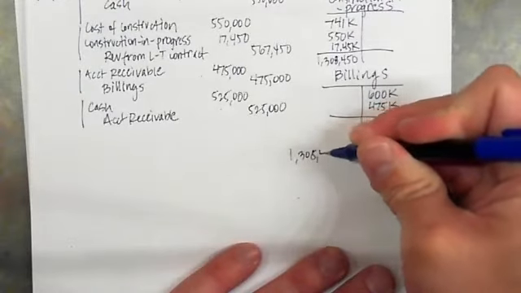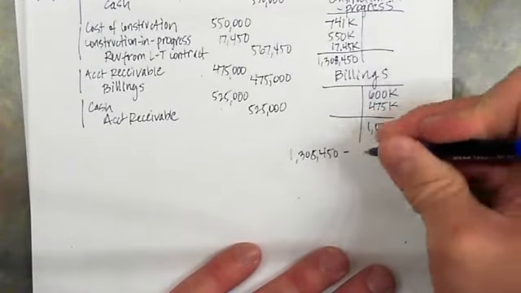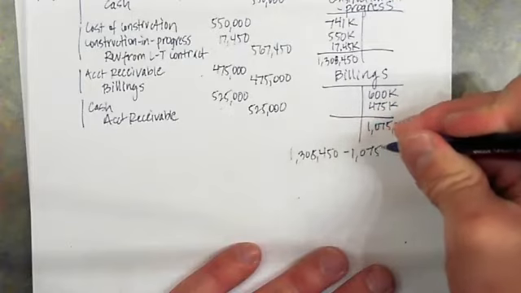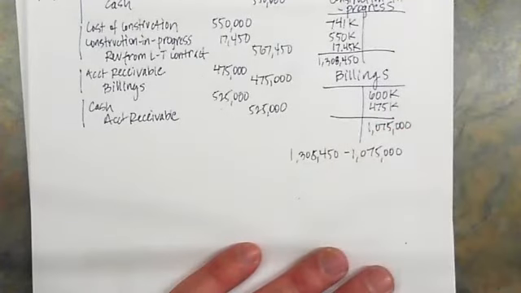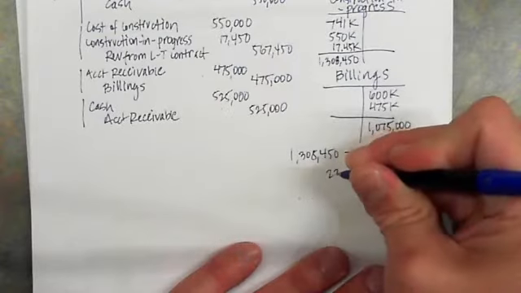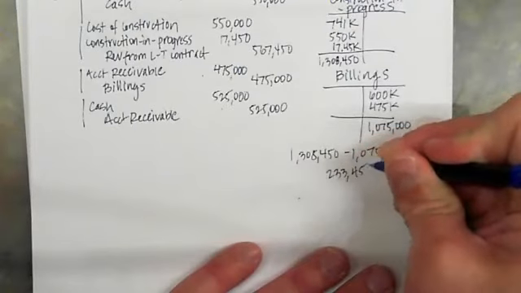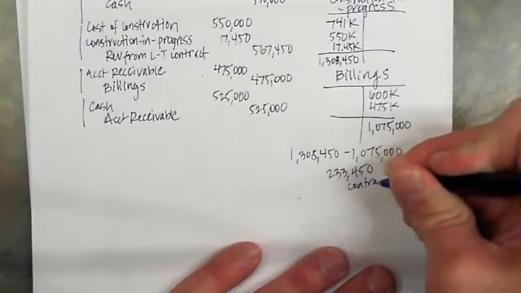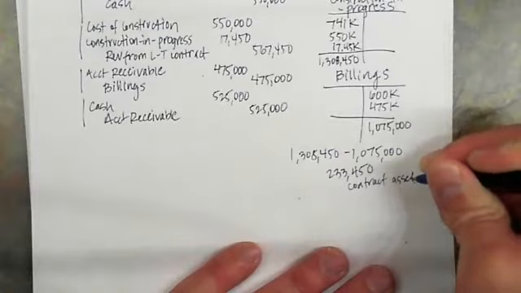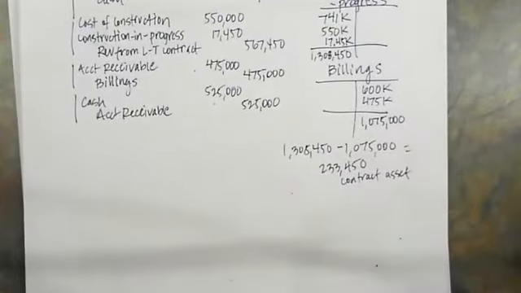When I report that contract asset on the balance sheet, I want to subtract off the contra account, which gives me the 1038 minus 1075, $233,450 of a contract asset. And again, that would be a current asset.